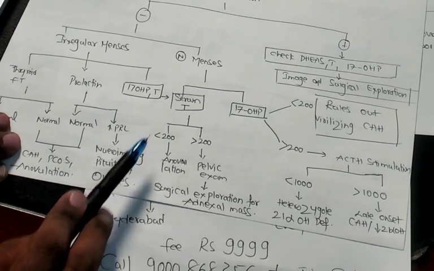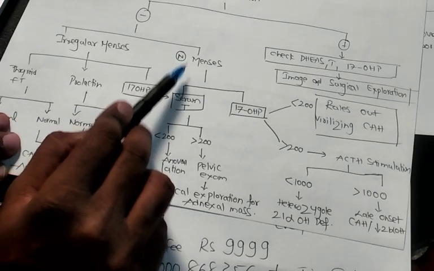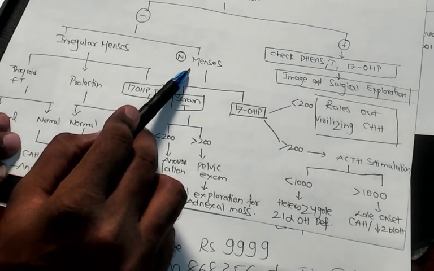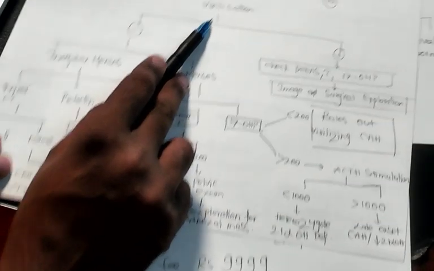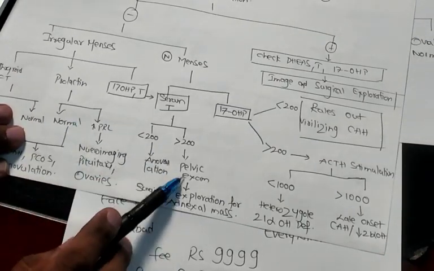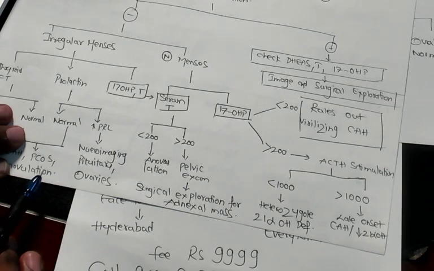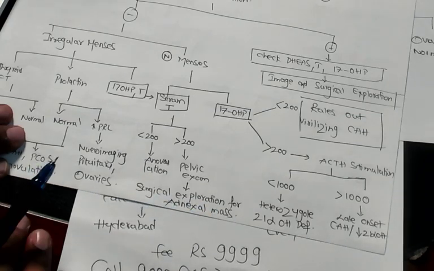Anovulation will lead to serum testosterone elevated but less than 200, and it may still lead to normal menses without virilization. If it is more than 200, then you do a pelvic examination. There may be an adnexal mass, any virilizing tumor, you need to surgically treat that.